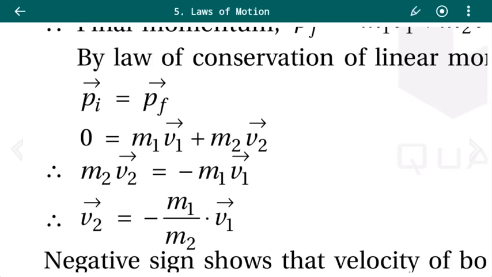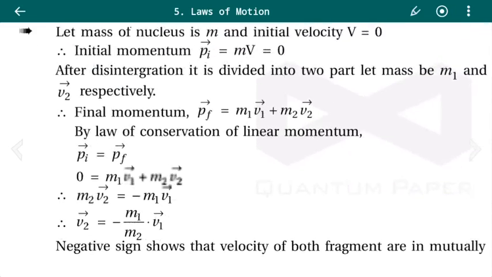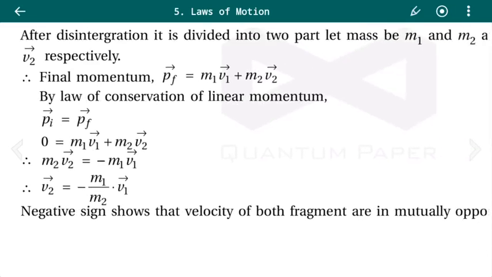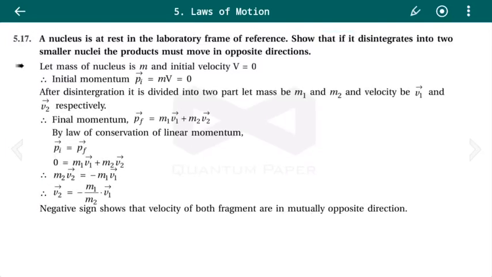Taking v2 as subject and m2 on the other side, we get v2 equals minus m1 upon m2 into v1. This negative sign shows that the velocities of both the fragments are in mutually opposite directions. So students, you may copy down this numerical.